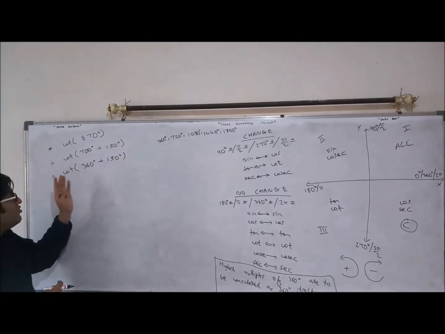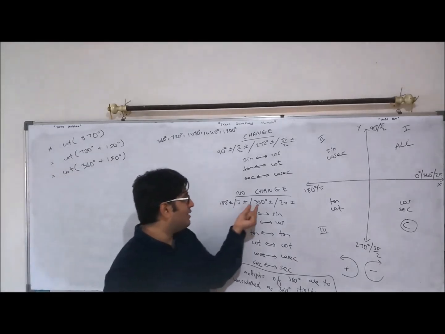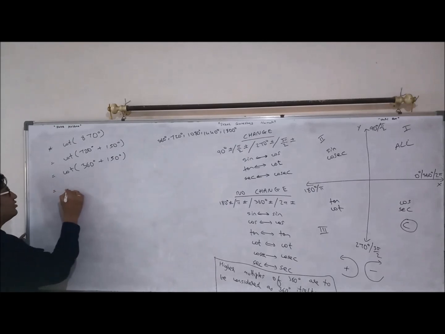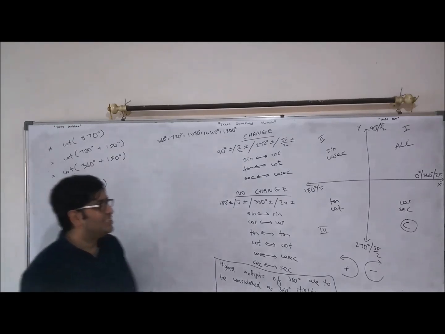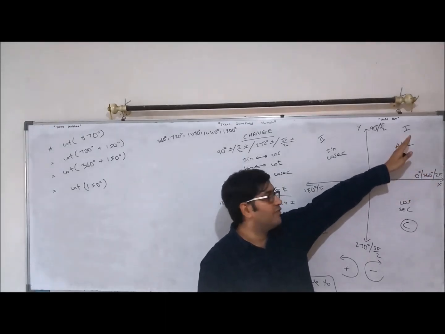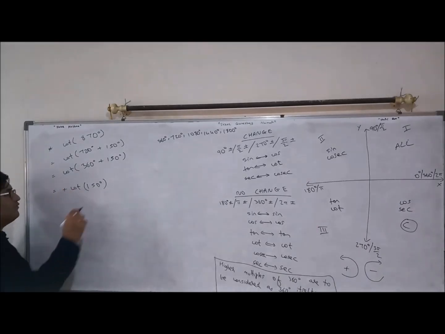Let us assume it is in the form cot of 360 plus theta. With 360 there is no change, so cot remains cot. I write the answer as cot of 150 degrees. With 360 plus you are entering the first quadrant, all are positive, so your answer is plus cot 150.